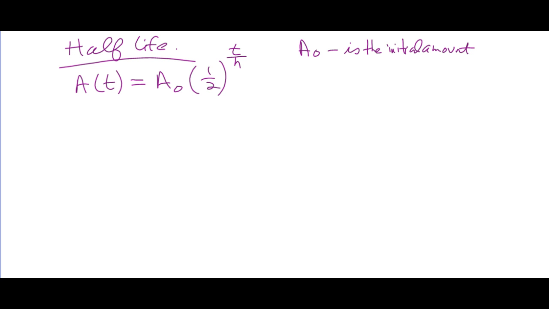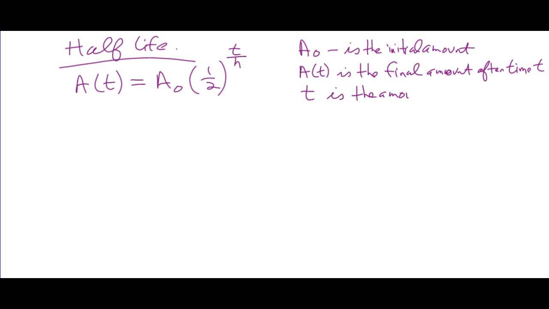So A naught is the initial amount. A of t is the final amount after time t. t is the amount of time. And H is the half-life of the substance.